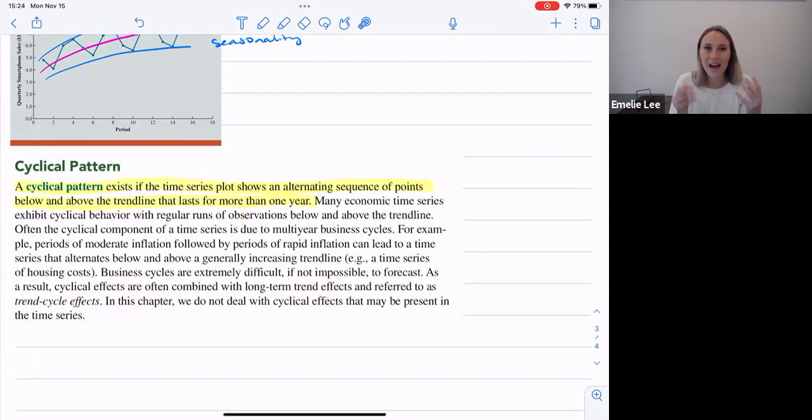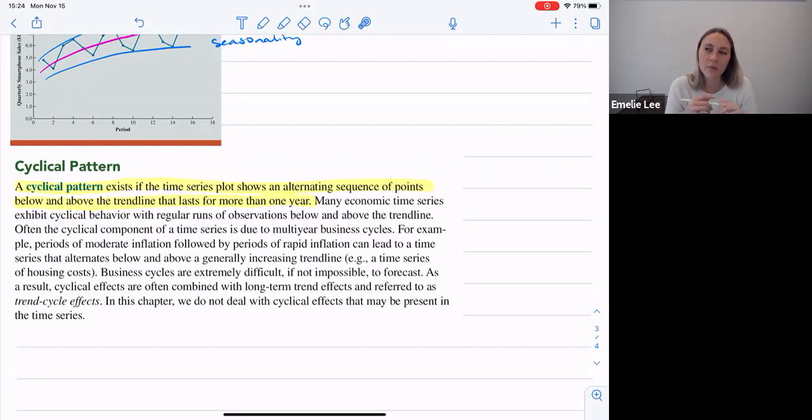Things like housing prices are always kind of on the up and up, but they will go up and then go down, and then we'll have an up year and things will drop down again. Those aren't necessarily restricted to a year, and so we would call that a cyclical pattern.